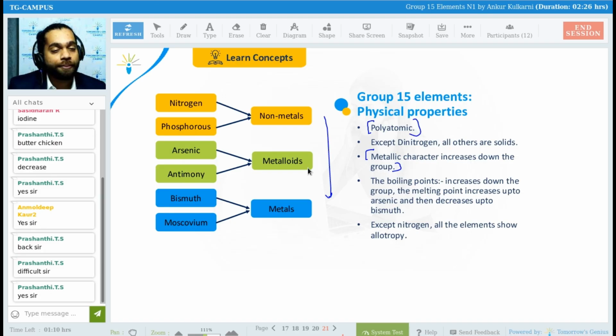What do you mean by polyatomic, everyone? Come on, tell me. What is the meaning of that? We have many atoms.